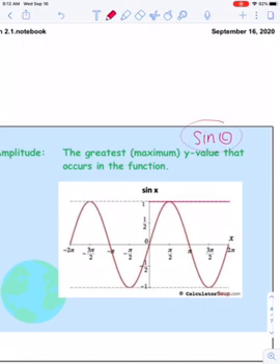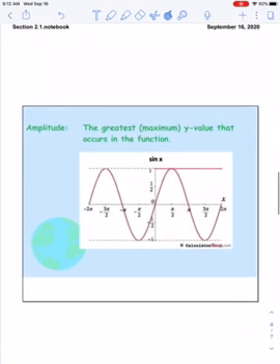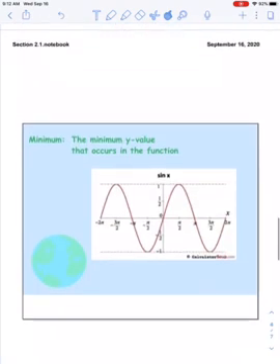We just graphed sine theta, okay? But if we start putting numbers in front or inside, different things to these values, then it's going to change some of these. But if it's just regular sine or regular cosine, your amplitude is 1 because you're not going to get any bigger than the radius of your circle, okay?